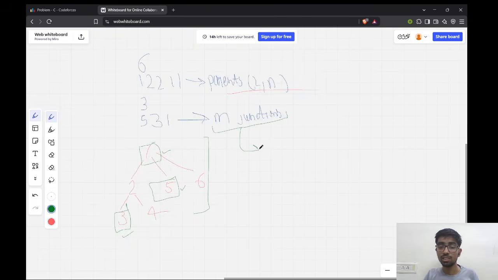So that means you only need M minus one cameras to be installed.